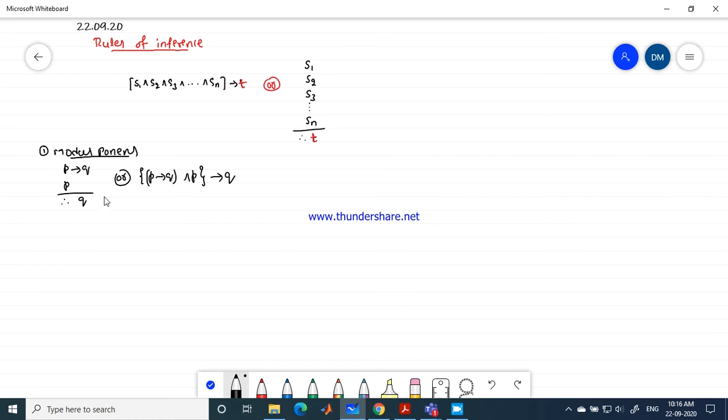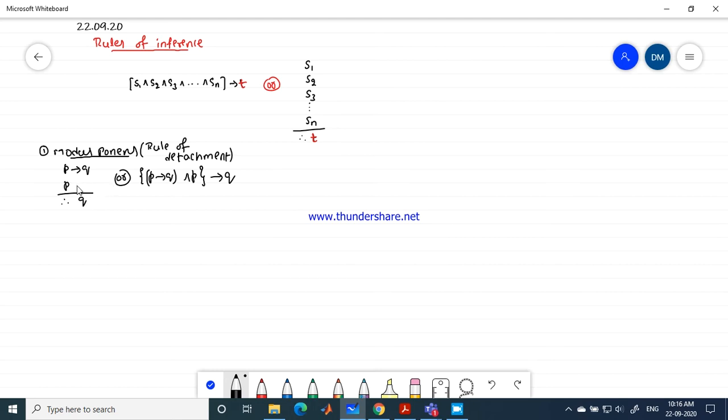I am just going with the tabular form. But keep this in mind. We can always express the tabular form in this form. This modus ponens is also called the rule of detachment. And you can note that this is a valid argument.